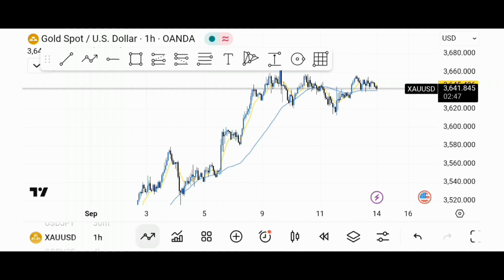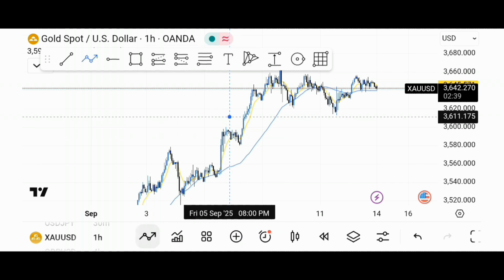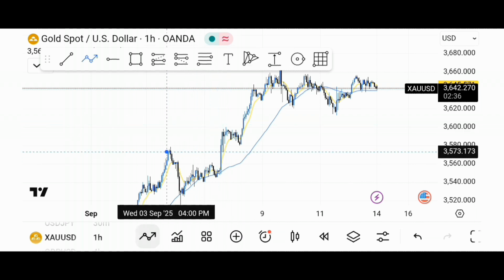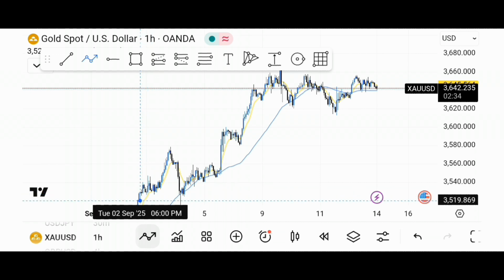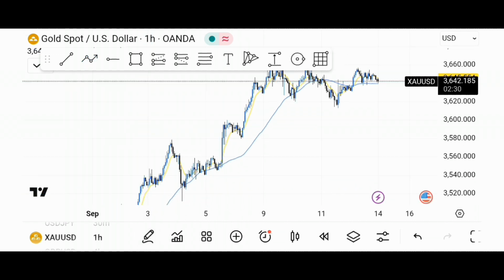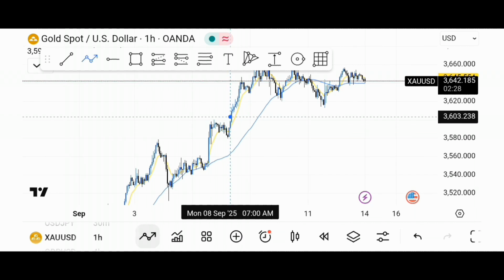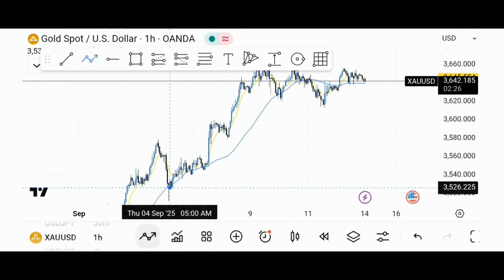Now as you can see on the chart, I want to show you something real quick. We have an uptrend. I want to mark out only the uptrends, so let's start from here.